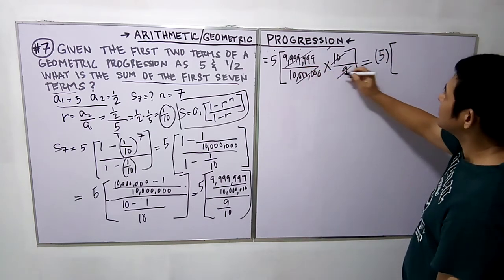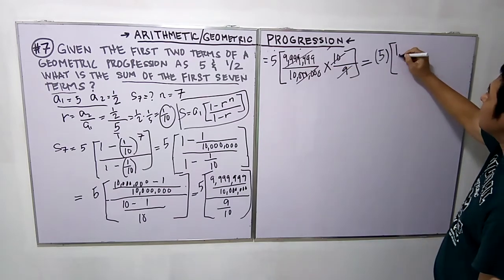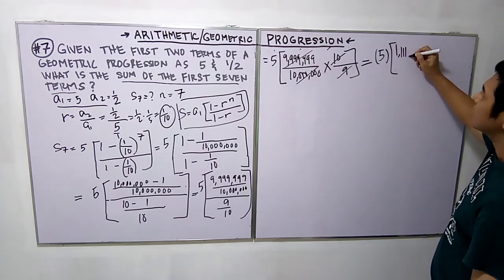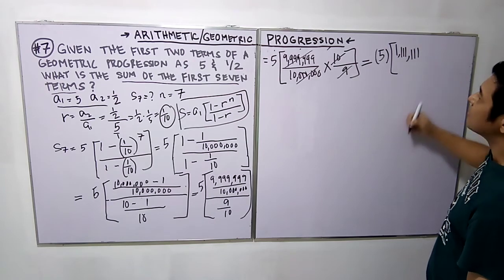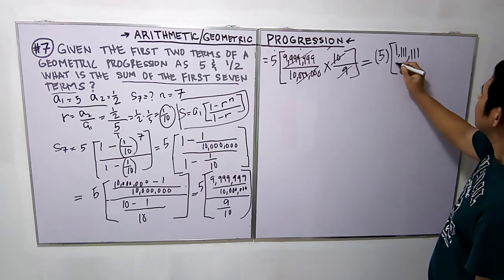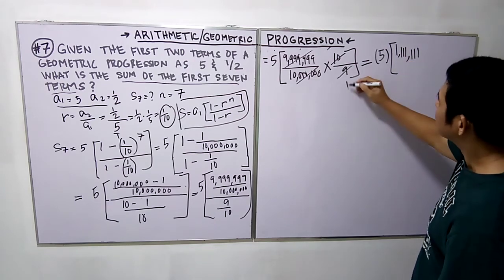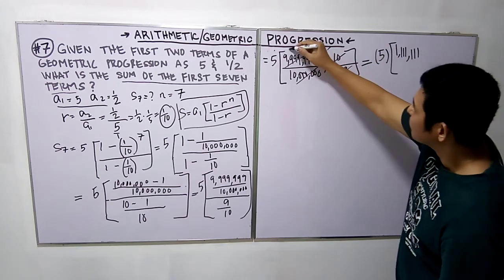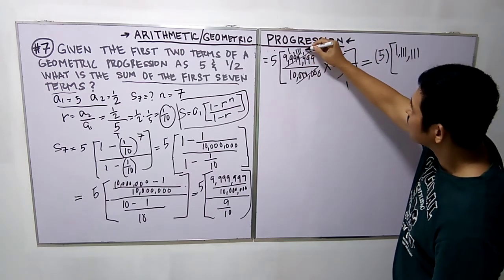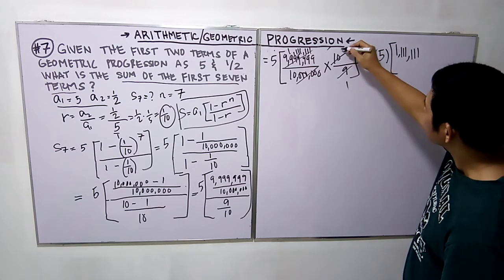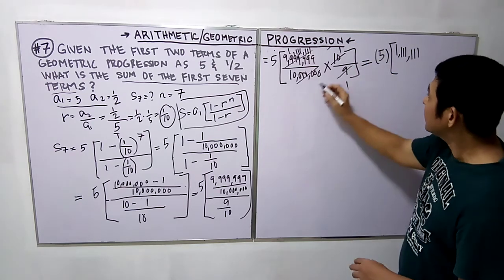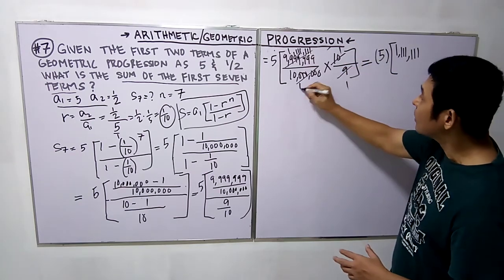So, since puro 9 siya, pwede natin sabihin na 1,111,111. So, ito, cancel natin. Ito na magiging 1. Ito naman, since 10 siya, 10 million, magiging 1 million.